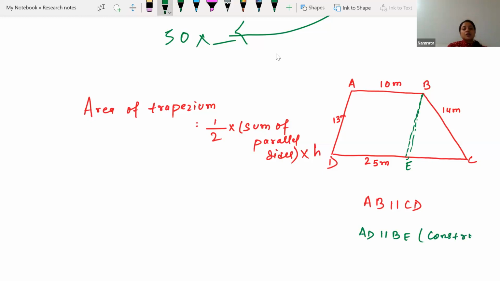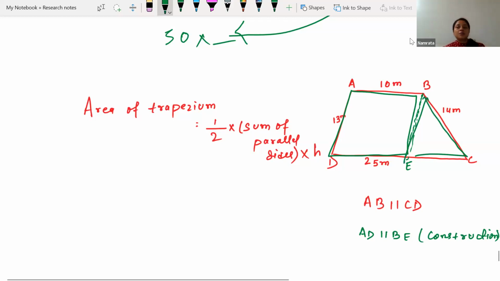So we have done a construction by ourselves in such a way that BE is parallel to AD. Why have we done this type of construction? So that here we can see one parallelogram, this one, and one triangle. Maybe this parallelogram will help us, or maybe that triangle will help us. So let's see which one is going to help us.